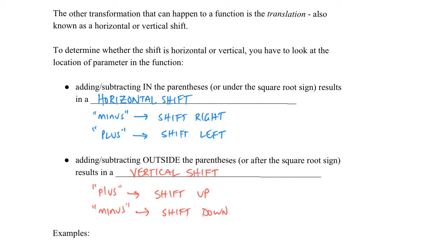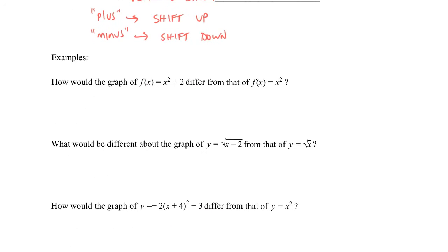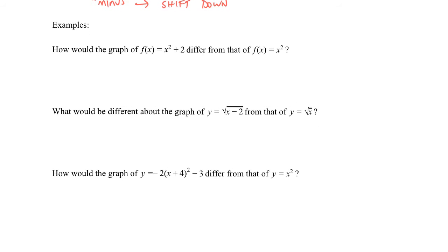Okay, so let's take a look at a couple of examples of this. How would the graph of f of x equals x squared plus 2 differ from that of f of x equals x squared? Okay, well notice that this is a plus 2, and it's outside the parentheses. So plus 2 outside, as we know, is going to be shift up.